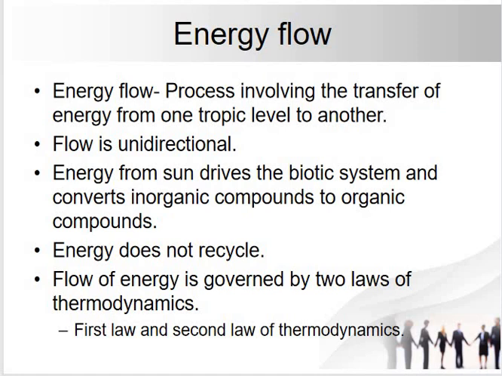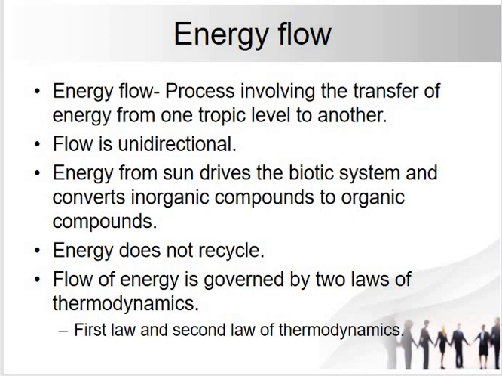The loss of energy takes place through respiration, movement, hunting, and other activities. It's estimated that nearly 90% energy is lost at every energy level. That is, the energy that is transferred from one trophic level to other is only about 10%. This is often called the 10% rule, which was propounded by Lindemann.